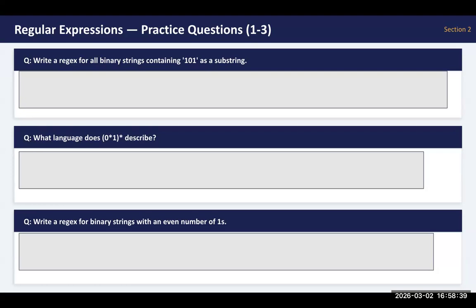And then how I would do it is 0 or 1 could be there as a Kleene star, and then 0 or 1 could be there as a Kleene star. So you're making sure that 101 is a substring, and then it can be followed or not followed by 0 or 1 in any capacity. So that fits what you're trying to do.